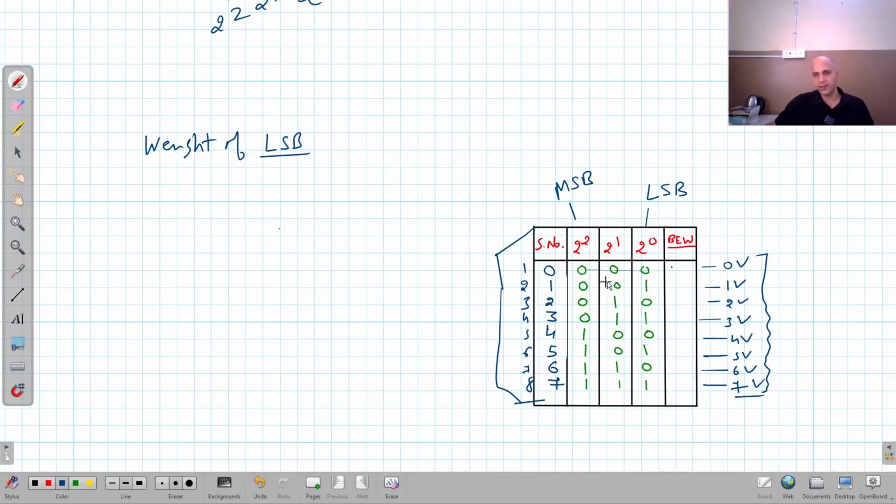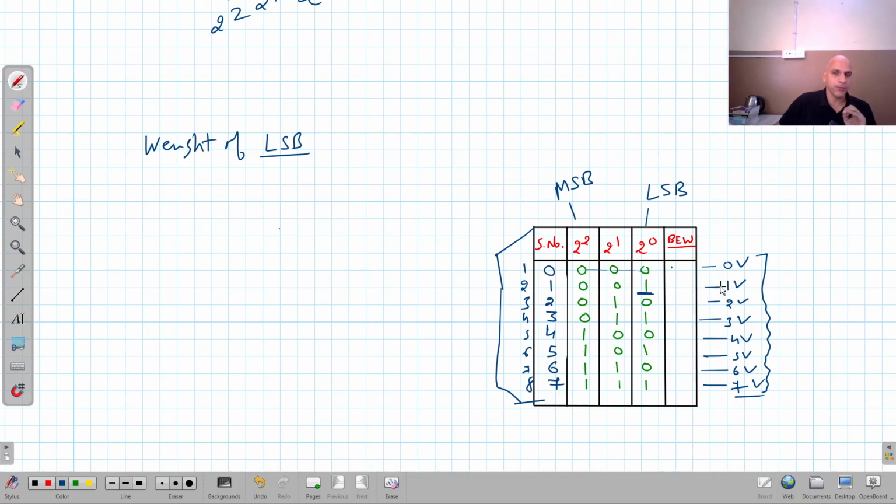Now you look at this table first, right? 0 0 0 corresponds to 0 volt. Then you come across this one. Now you can see 1 is appearing at the LSB position only, the others are 0 0. It means the 1 at this position is producing 1 volt output.